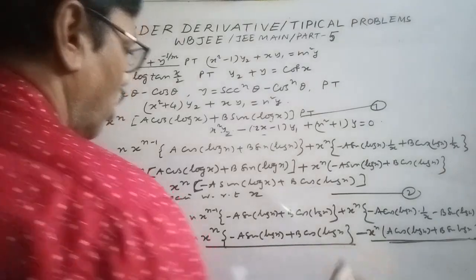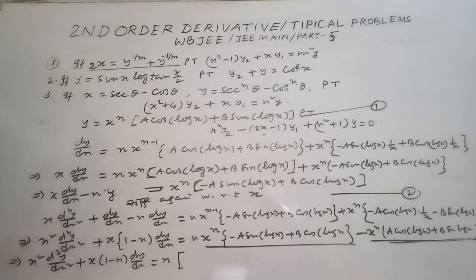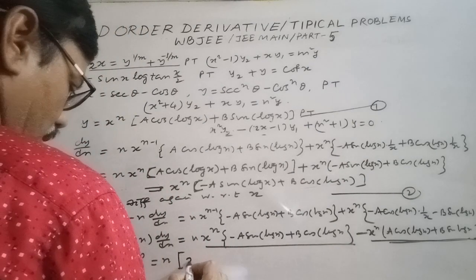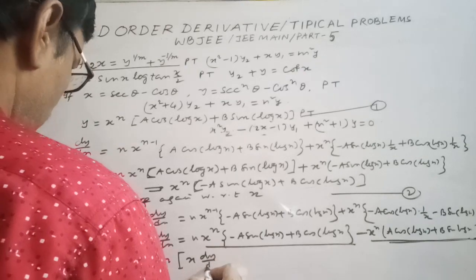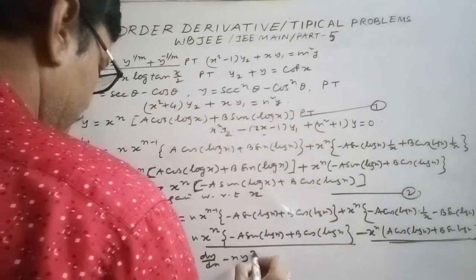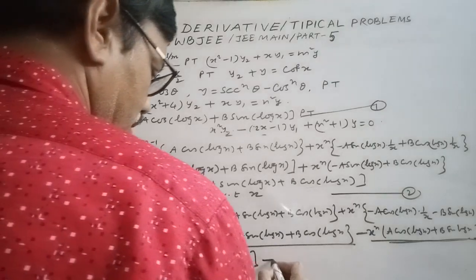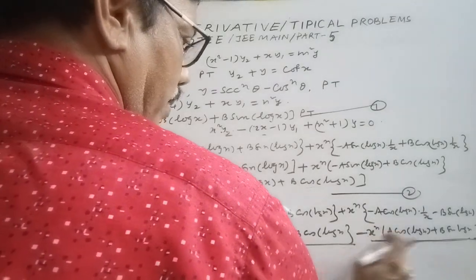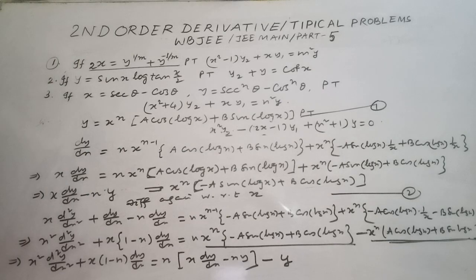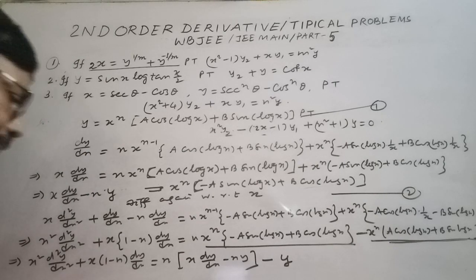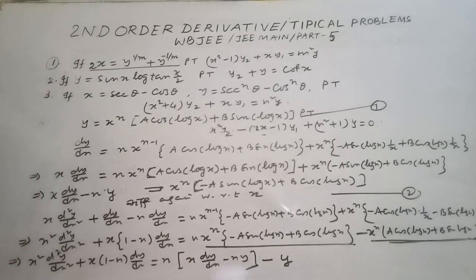Now put the value of this from 2. What is 2? x dy/dx minus ny, and this is minus y. So finally, what we are getting?